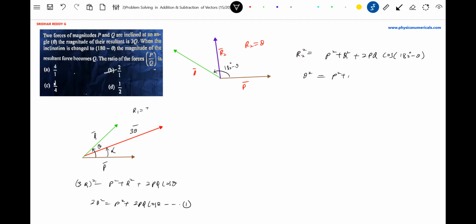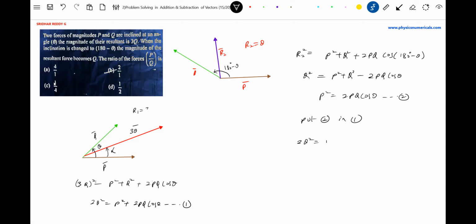So this will become P square plus Q square plus 2PQ cos of 180 minus theta, that is minus 2PQ cos theta. Q square gets cancelled. So P square equals 2PQ cos theta. 2PQ cos theta is equal to P square. This is equation 2. Put 2 in 1.